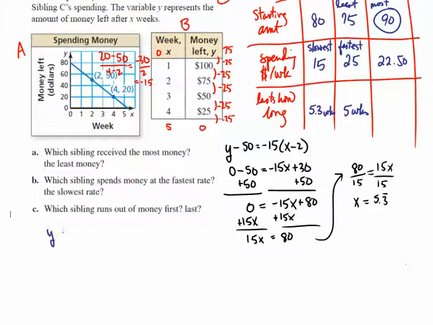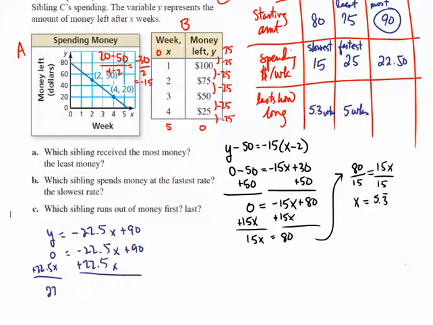So y is equal to negative 22.5x plus 90. And again, all we need to do is set y equal to 0 to find out when the money runs out. This time, I'll simply add 22.5x to both sides.